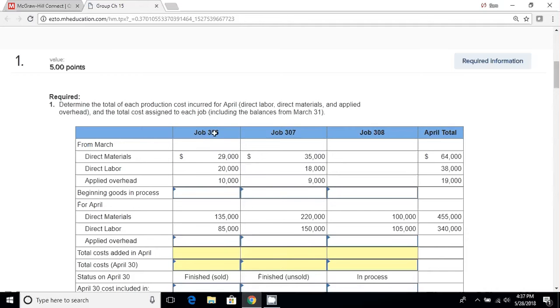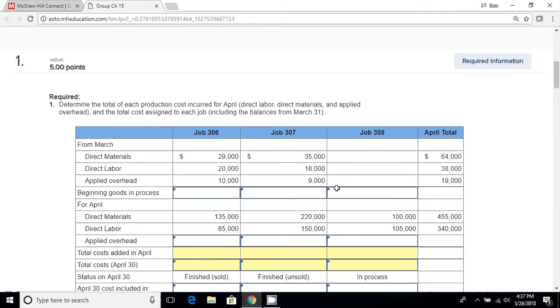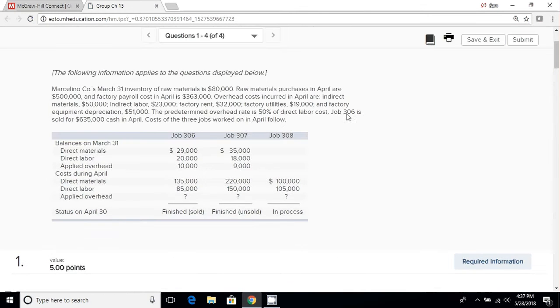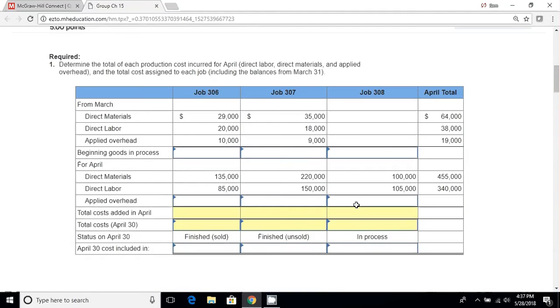So think about this. Here's a job that was ongoing in March, but the accounting cycle ended, and now it's still ongoing in April before it is finished and sold. And that's really kind of what's happening. Job 308, I'm going to run back up, had no cost in March, meaning that it started at some point in April. It really didn't have anything up there in March at all, so nothing we have to worry about.